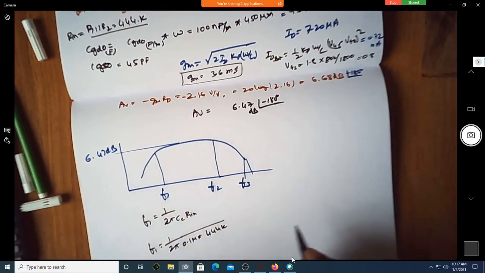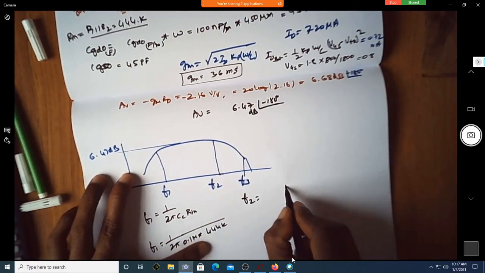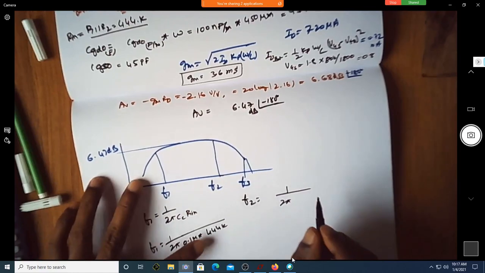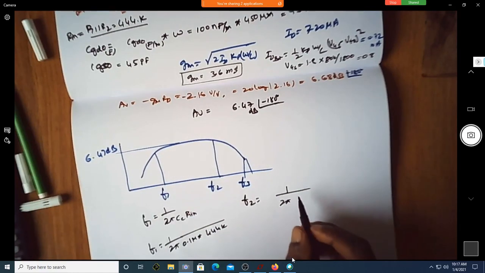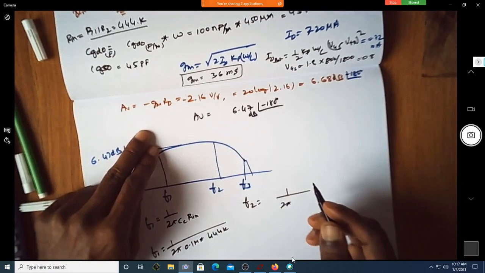Can somebody calculate? Similarly find out what is F2. F2 is equal to 1 over 2 pi. Can somebody tell me what is the value of F2?